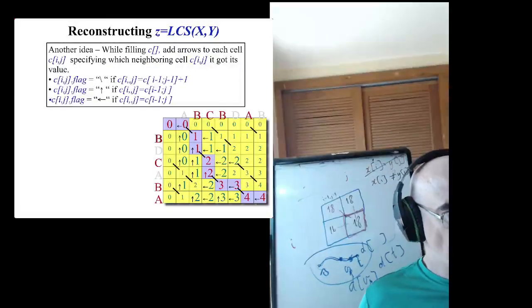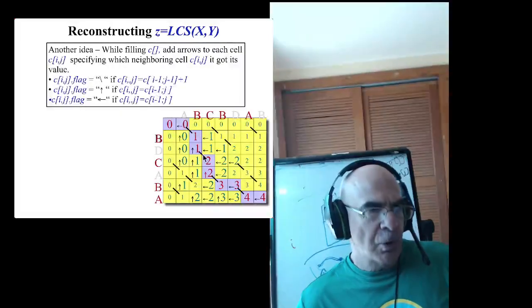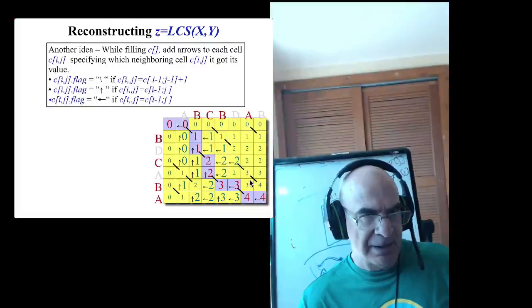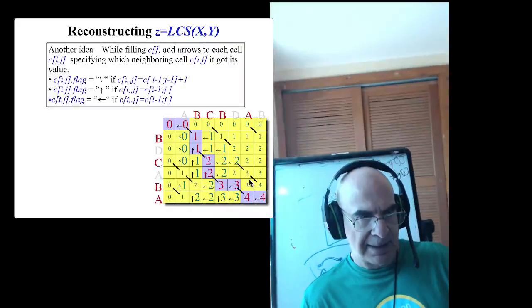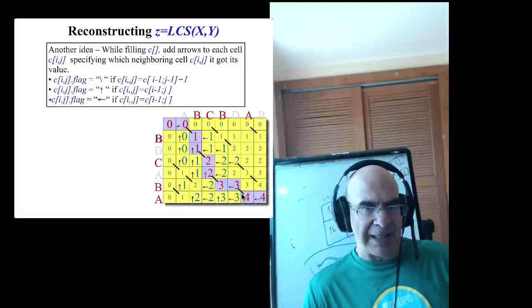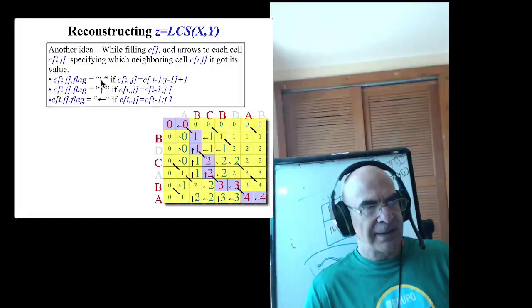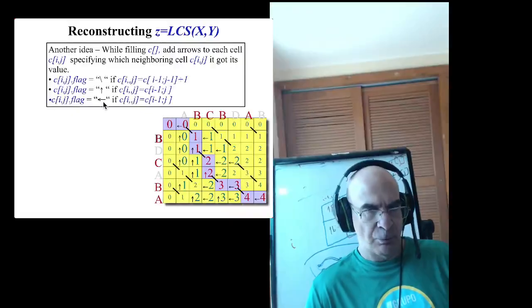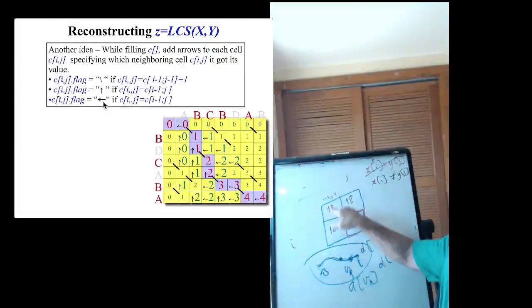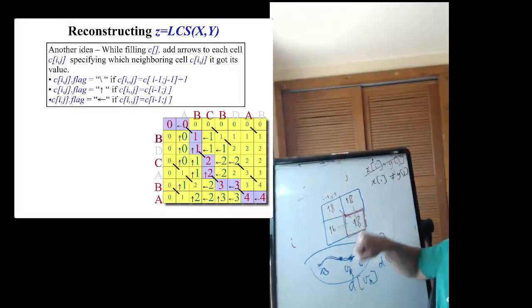You can also, when you run the original LCS algorithm, leave for every vertex a pi value, similar to Dijkstra. Here I'll just denote it by an arrow. This arrow is either diagonal or going upward or going to the left. Just which of the three vertices gave this vertex its value.